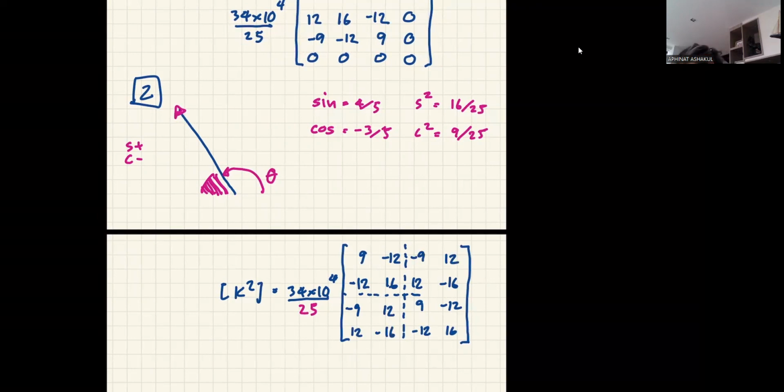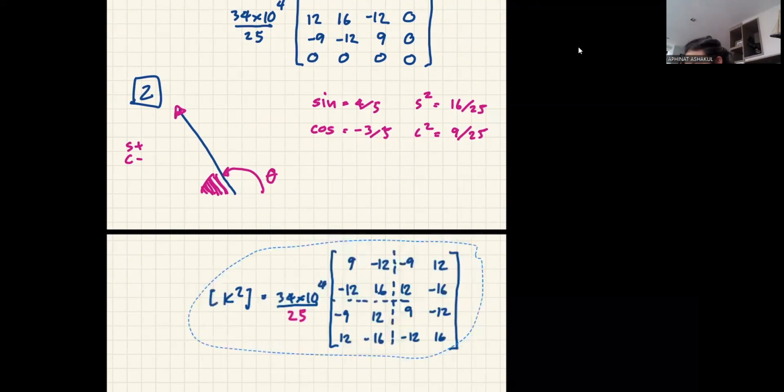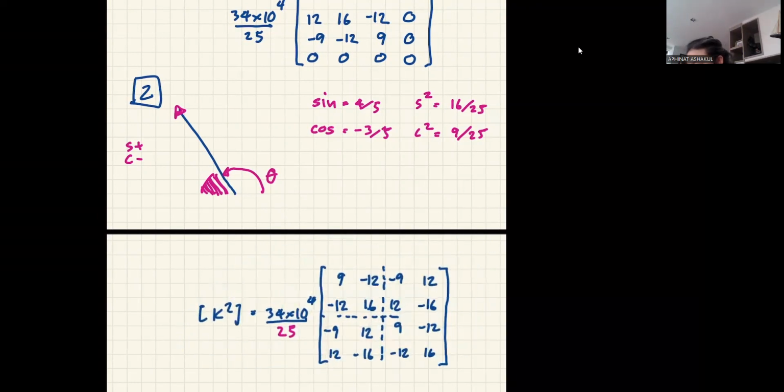Okay, I think I placed it too close to the top. So I'm just going to have to move this a little bit because I plan to impose the code on it. You can just go back and look, and now you know that the code for member number 2 is 0012.